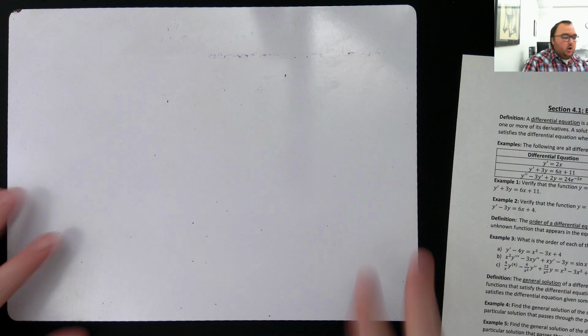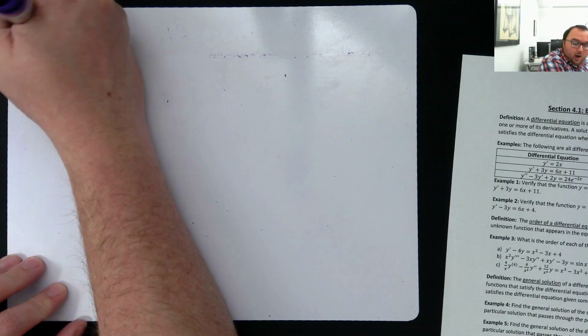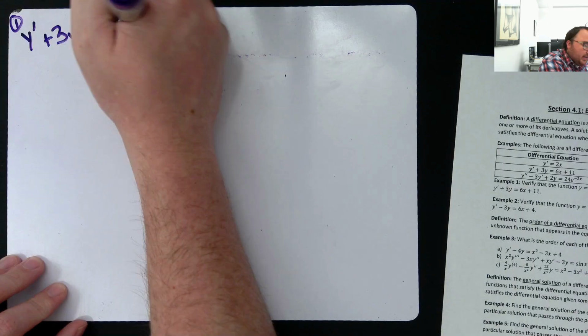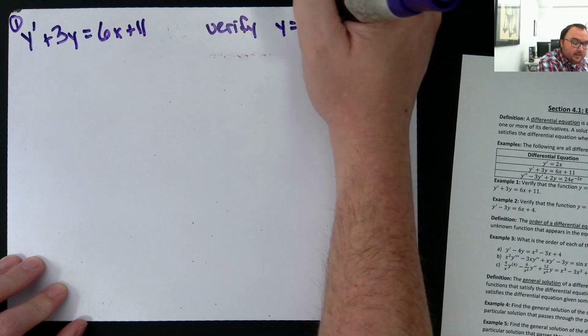there we go. The differential equation I'm working with is, this is example 1, y prime plus 3y equals 6x plus 11, and it wants us to verify that y is equal to e to the negative 3x plus 2x plus 3.